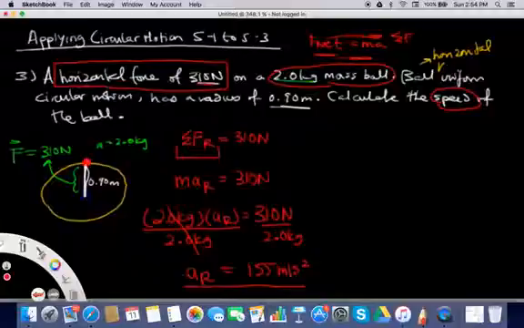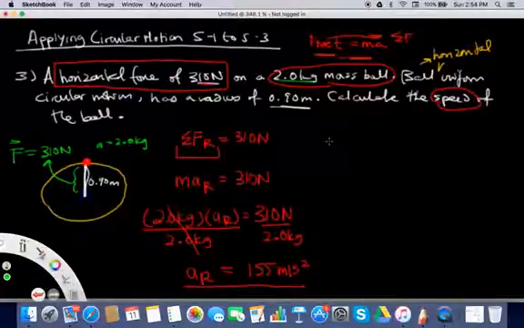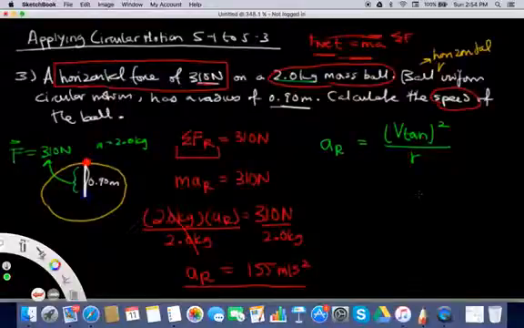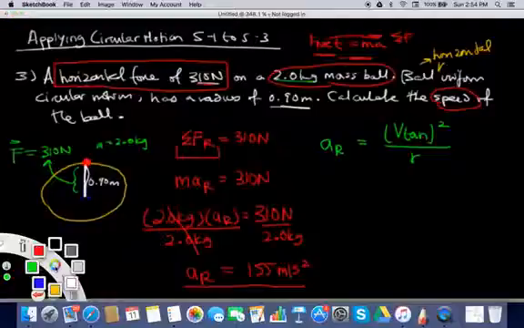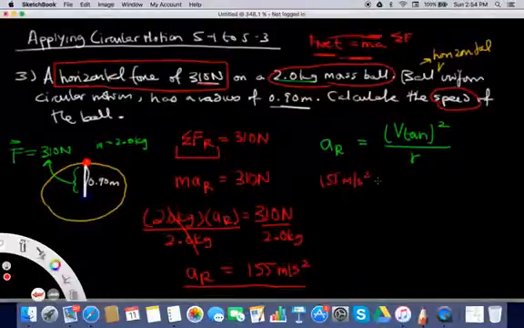Well, wait. We can use centripetal acceleration and solve for speed. How can we do that? Well, we know the equation of centripetal acceleration. We know that centripetal acceleration is equal to tangential velocity squared, divided by our radius. We know that our centripetal acceleration, which we've just calculated from our derived equation, is 155 meters per second squared.